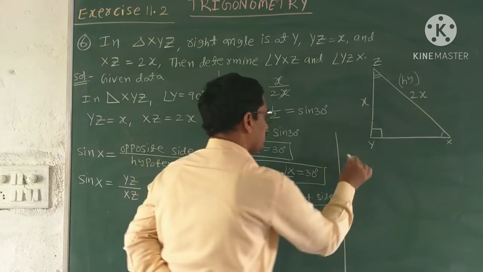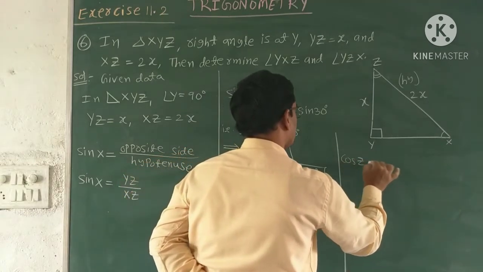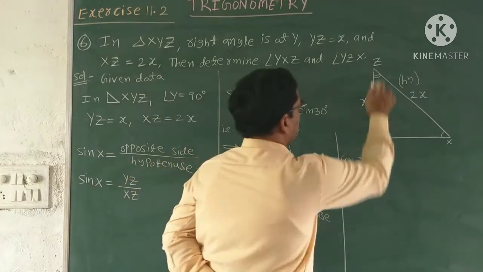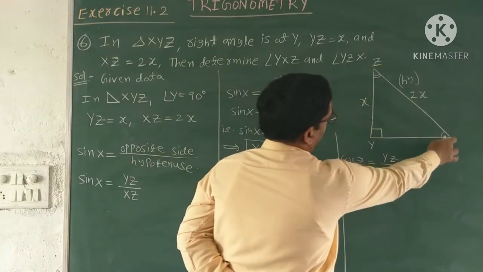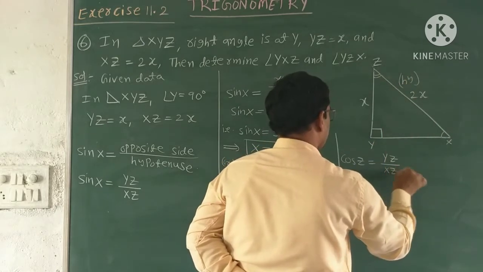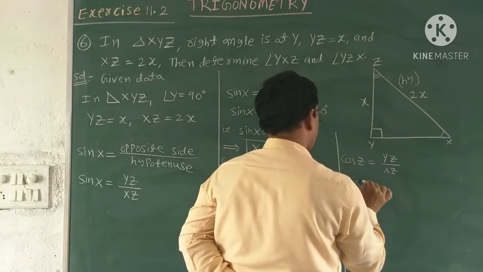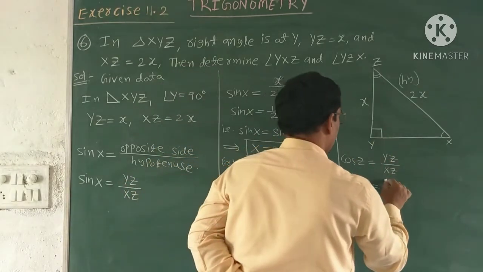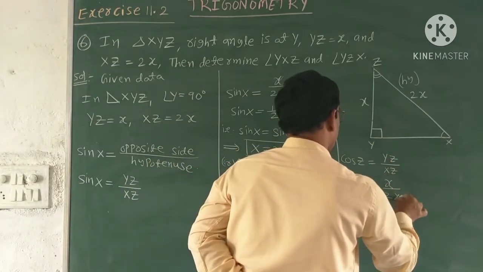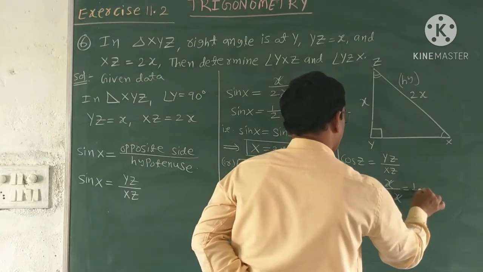Now substitute the values. Cos Z equals YZ over XZ, with the same values: YZ is X and XZ is 2X. X gets cancelled and the answer is 1 by 2.